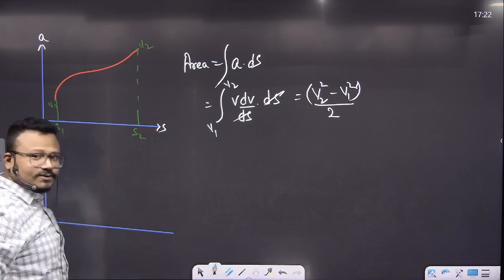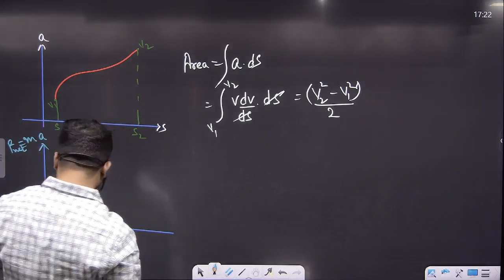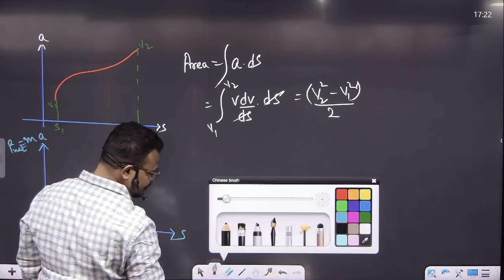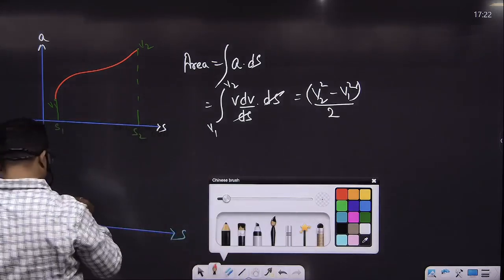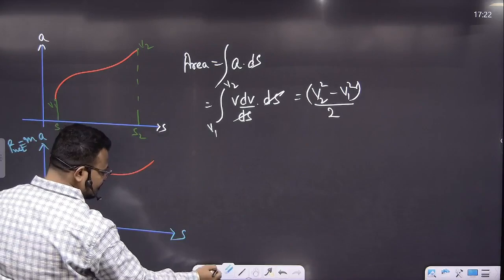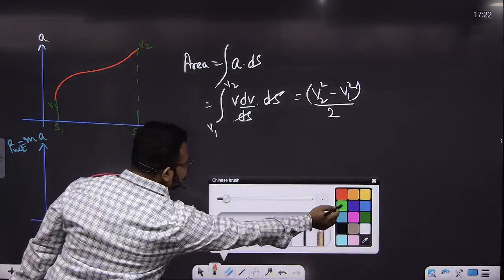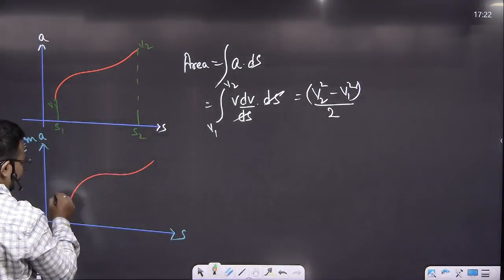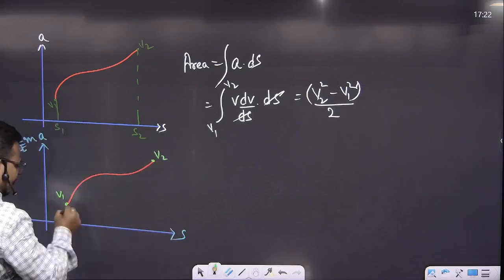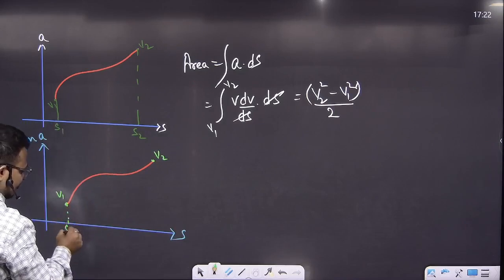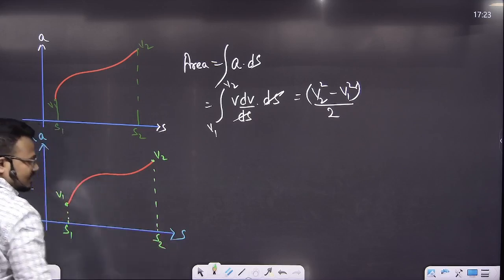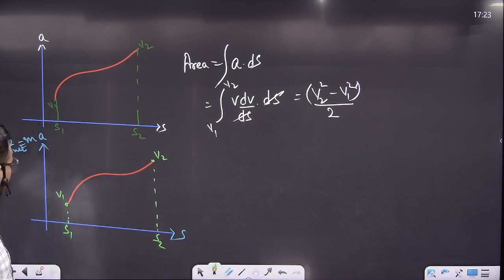This is s, the same line, like some curved path. It has some velocity v1 initially here, and here it has velocity v2, with s1 here and s2 here.